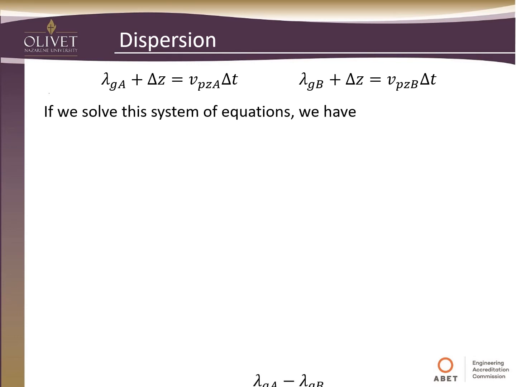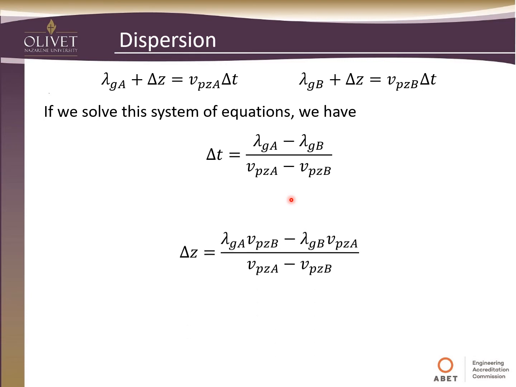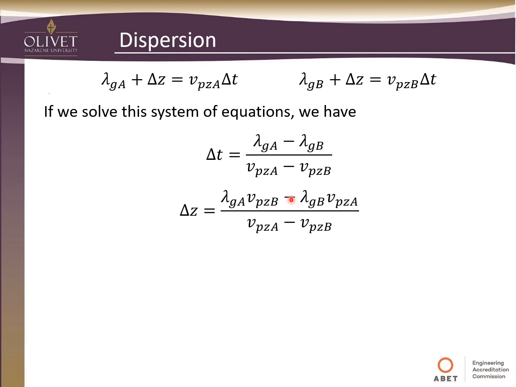We solve the system of equations. We now have delta T equal to the difference in the wavelengths over the difference in the phase velocities. And the distance traveled is the difference in the product of the phase velocity and wavelength, for A, B, minus the wavelength and phase velocity for B, A, over the phase velocity difference.